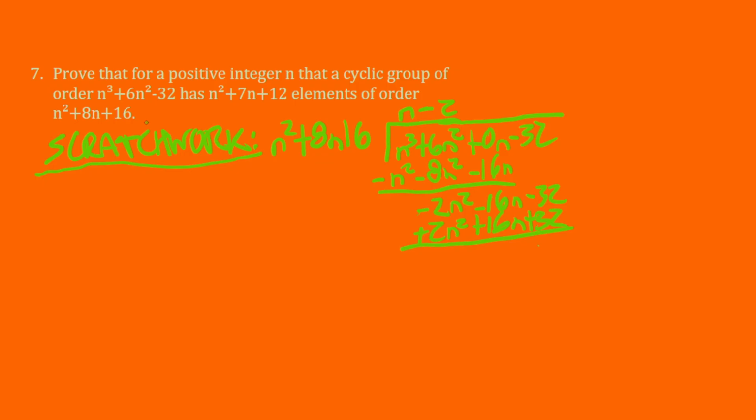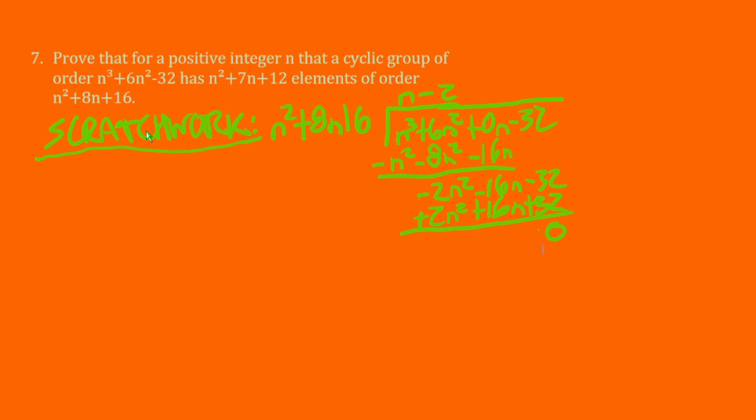And that gives us 0. So yes, the order of this group divides the order of this one with no remainders.